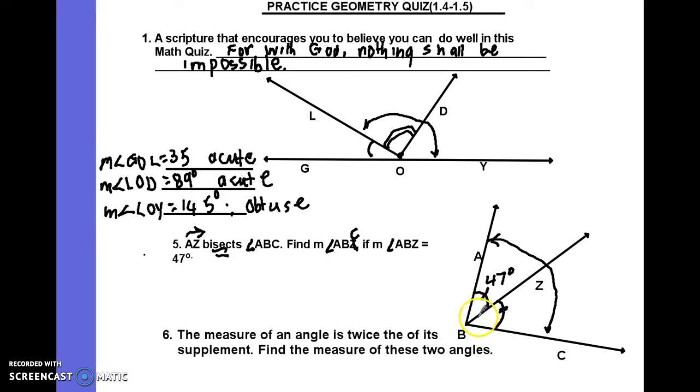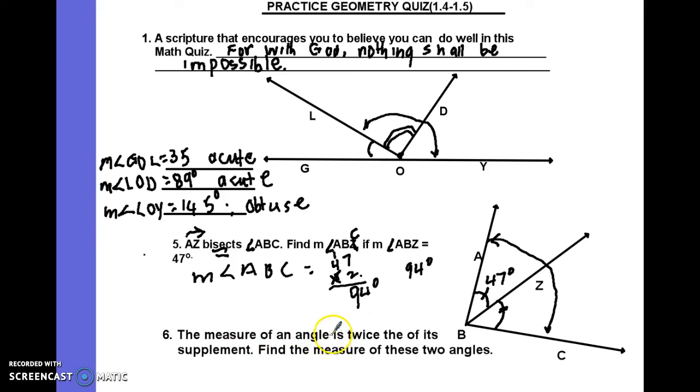Same thing, 47 because of the bisector. So the measure of angle ABC will be 47 times 2, or 47 plus 47. 2 times 7 is 14. 2 times 4 is 8 plus 1 is 9. That'll be 94. So 94 degrees. I know it doesn't look like it. That's what it is.